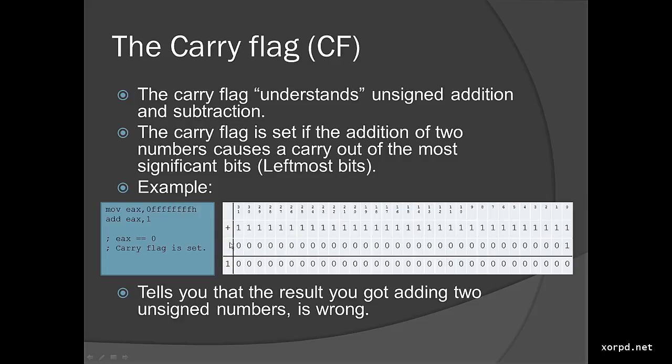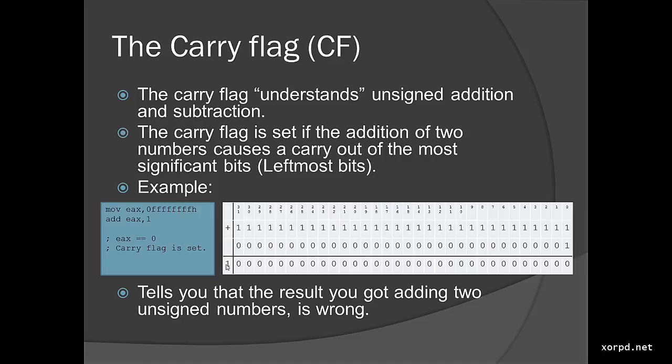We have this line here because inside our processor, in 32-bit protected mode, we can only store 32 bits inside the register. Only those bits are going to be the result, and this bit is just going to disappear somehow.